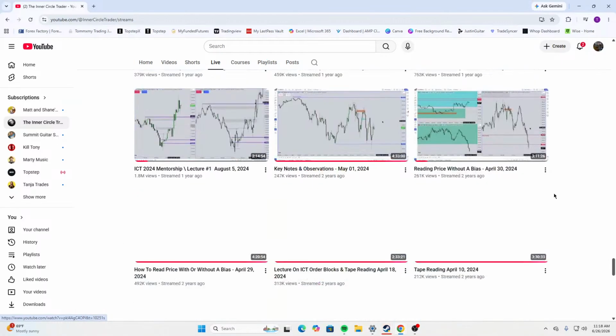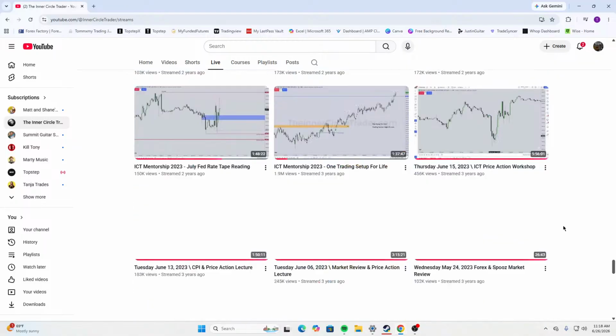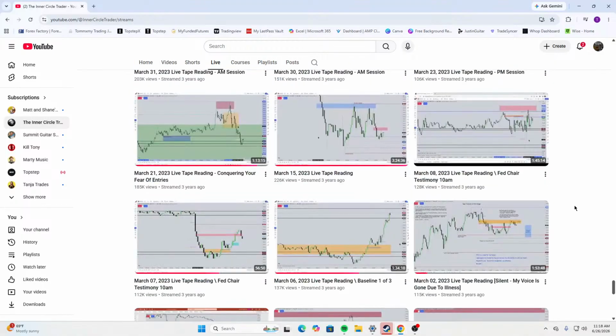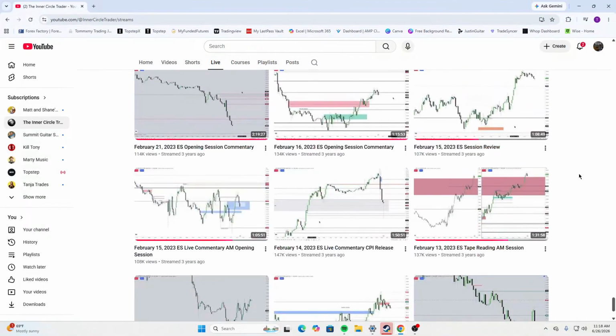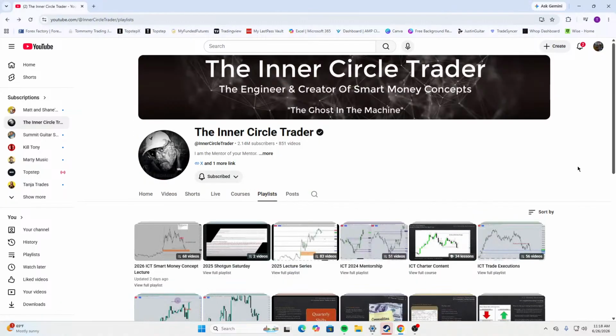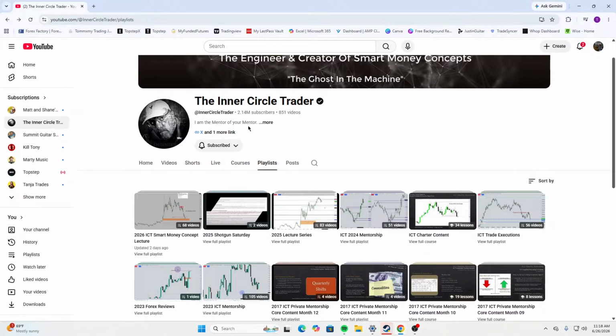I sat through so much tape reading with him to the point where I feel like I get as close as I can to reading price the way he views it. And I have almost 6 years of experience now, so that also helps.